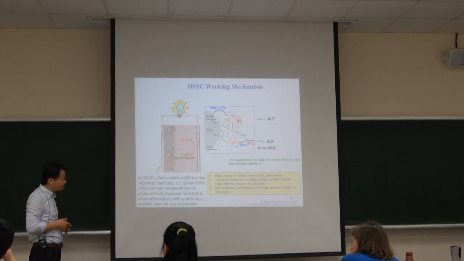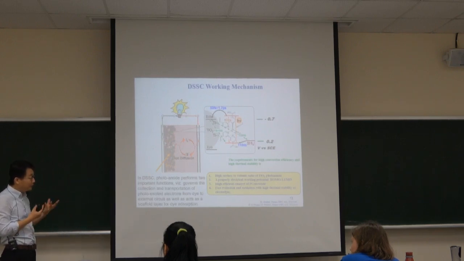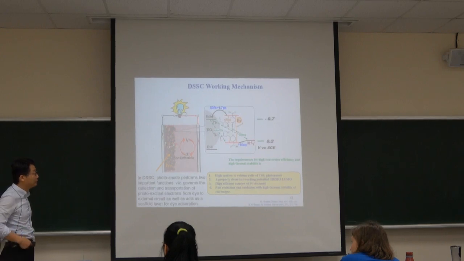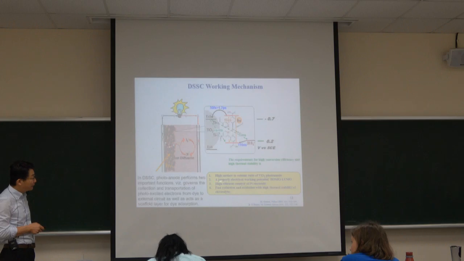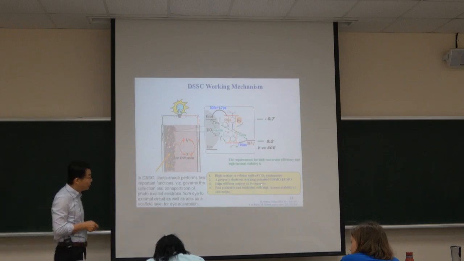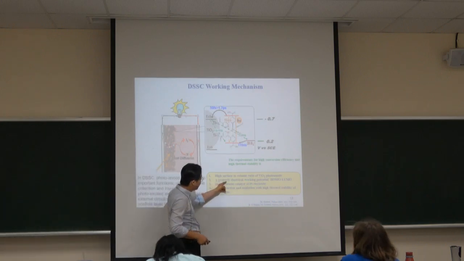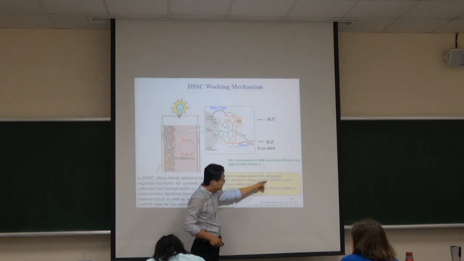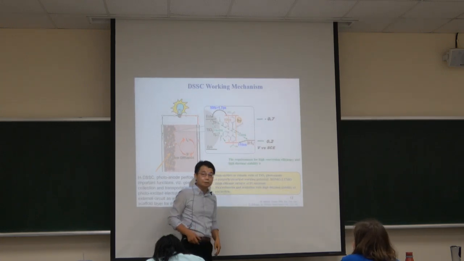But this relies on the technology that we have to develop. And the electrolyte needs a proper working potential, HOMO and LUMO. What does it mean?